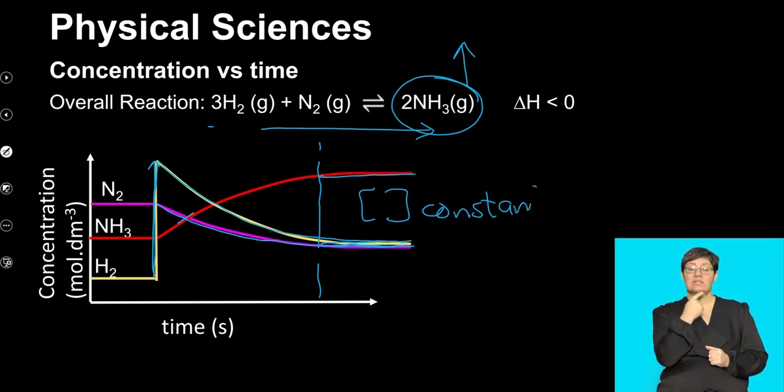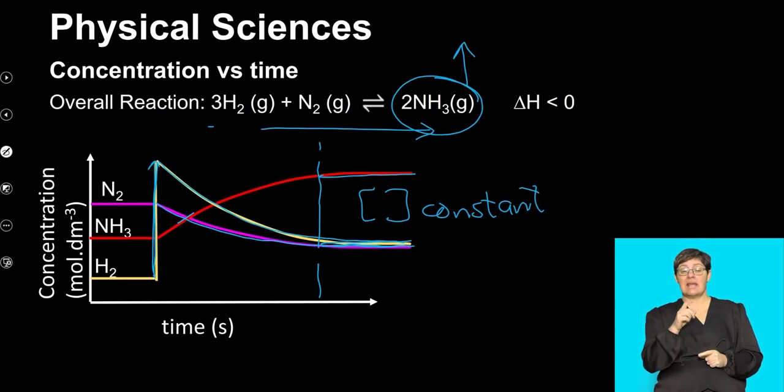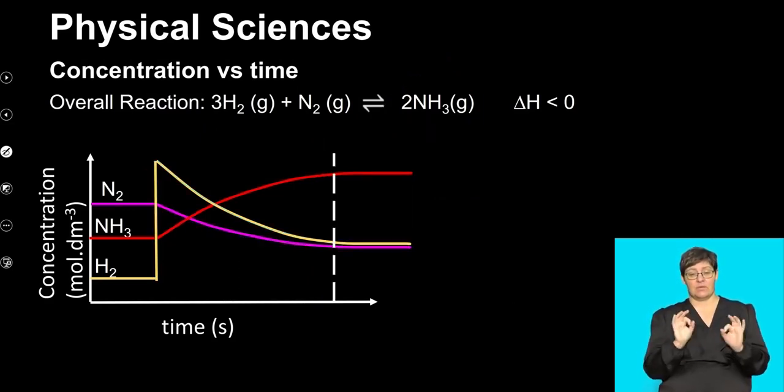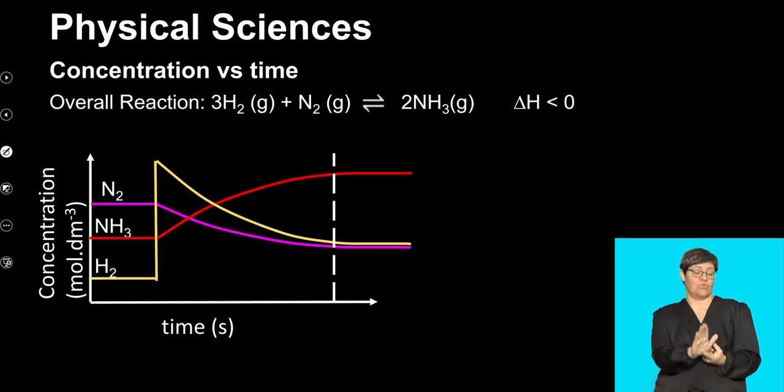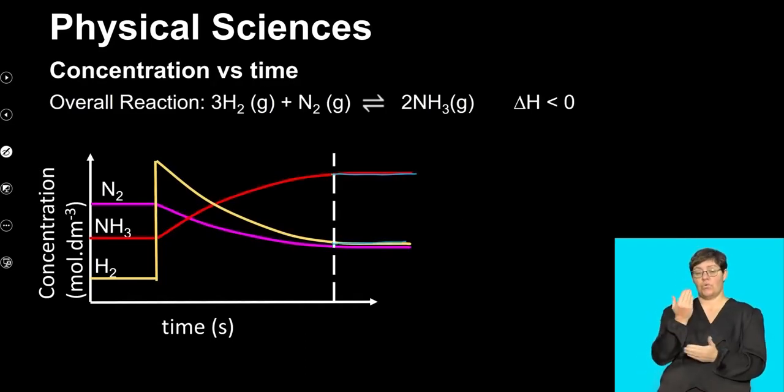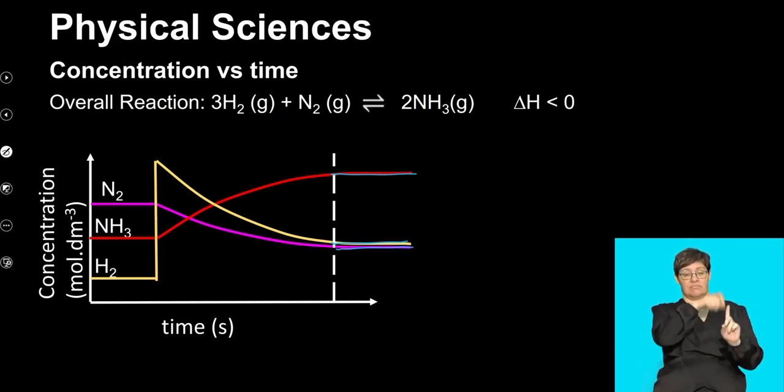Remember, we do not say the concentration is the same, we say that the concentration is constant. That line there just shows us that from there onward, our concentration is constant. Meaning, this is the new equilibrium that's being reinstated according to Le Chatelier.